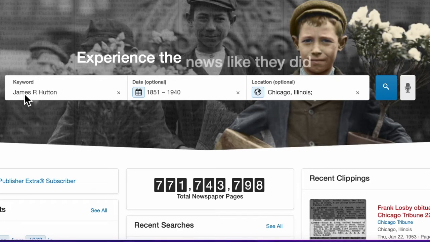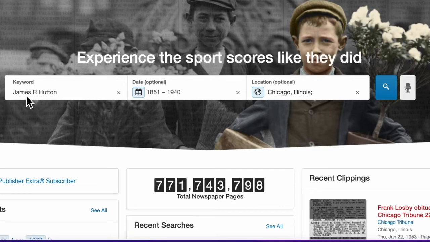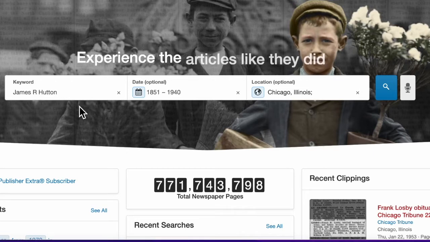But most of the formal documents will probably be under his long formal name. As you can see, I do not put a period after the initial. I've just found that sometimes that messes up the search. I'm not exactly sure why, but that's what I have found.